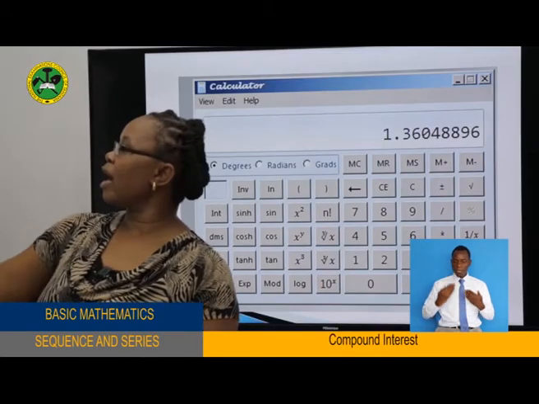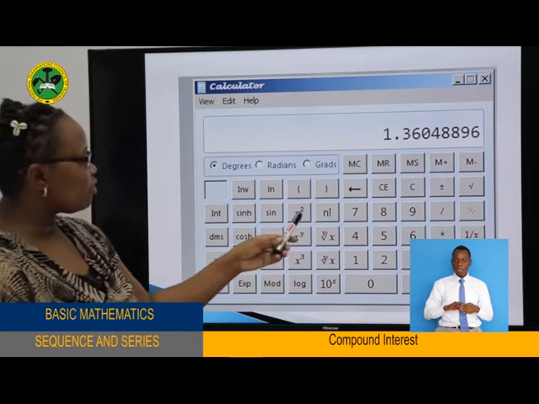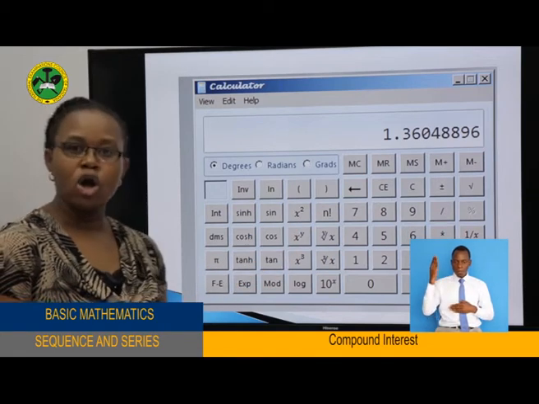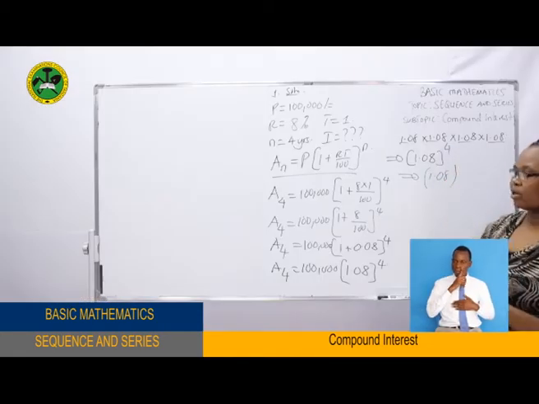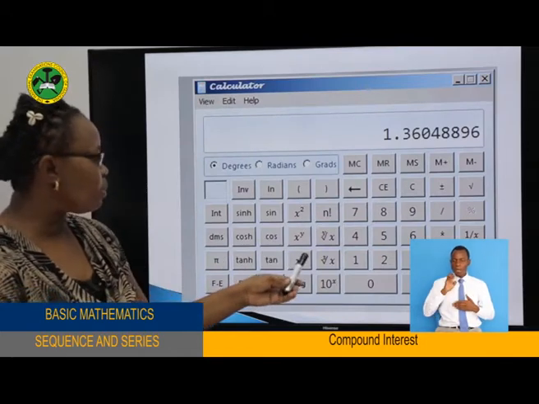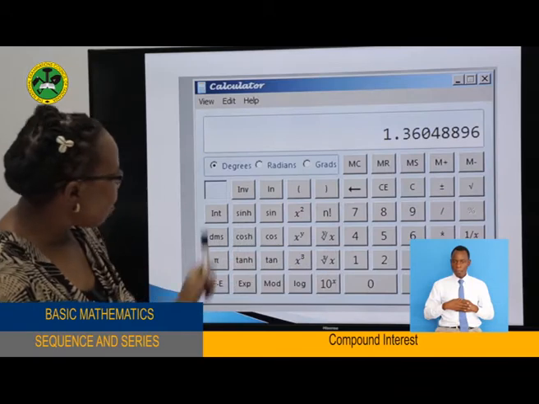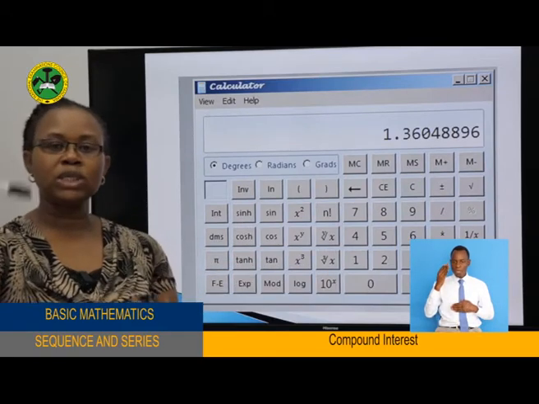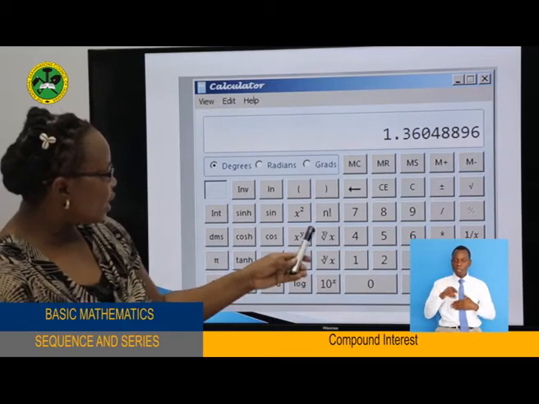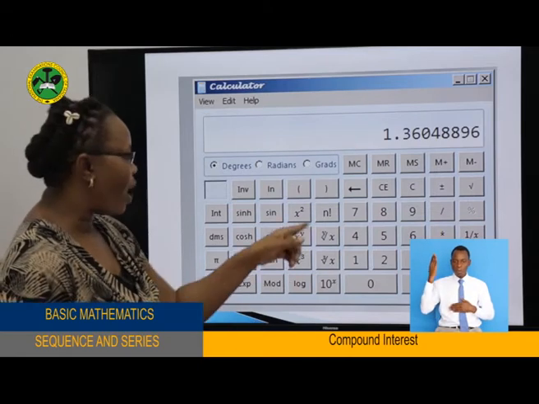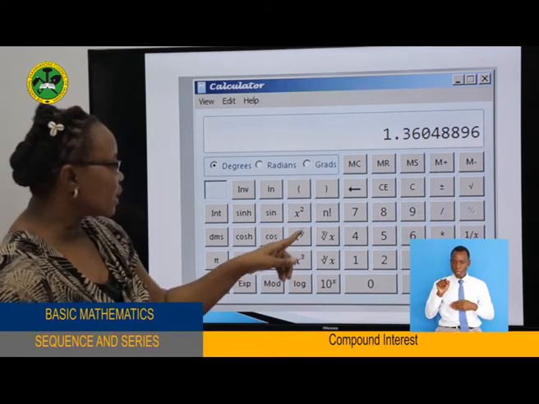If here were 2, we could use the key of x square. If there was 3, we could use the key of x power 3. But we have 4, and 4 is not on our keys. So what shall we do? We take the key with x power y.